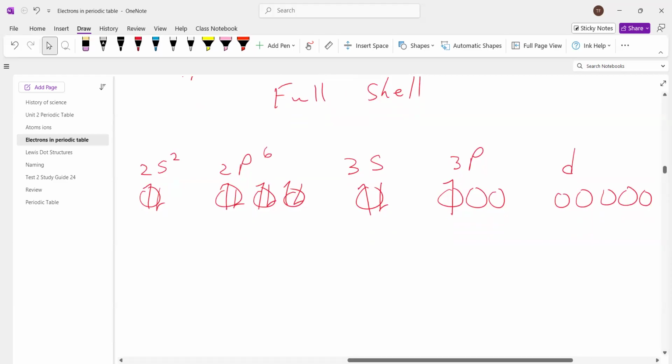So let's do sulfur. Okay. Sulfur's got 16 electrons. And we're going to spread them out over shell 1, shell 2, shell 3.